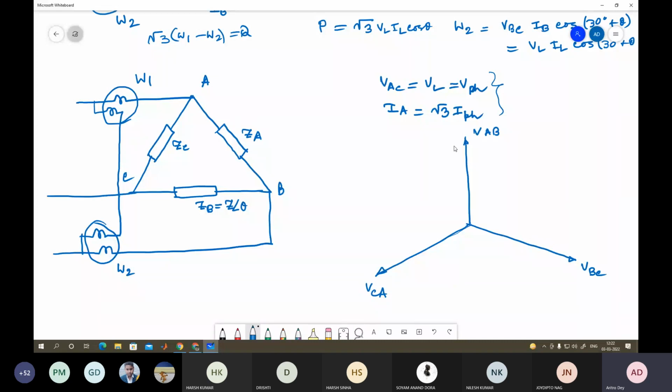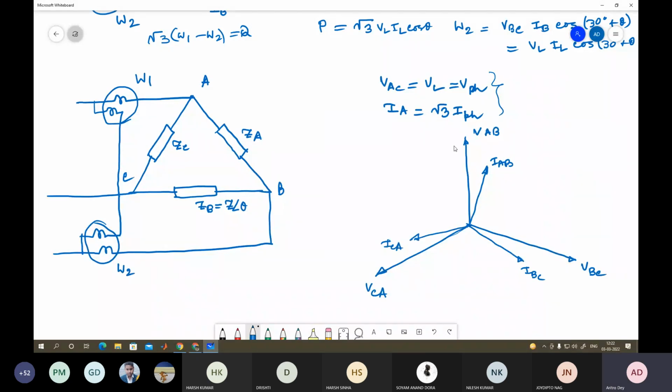Now your phase voltage, and on top of that you will have your phase current. So what is your phase current? For this, this is your VAB, right? So here this is your IAB, and this is your IBC, and this is your ICA. Same theta.